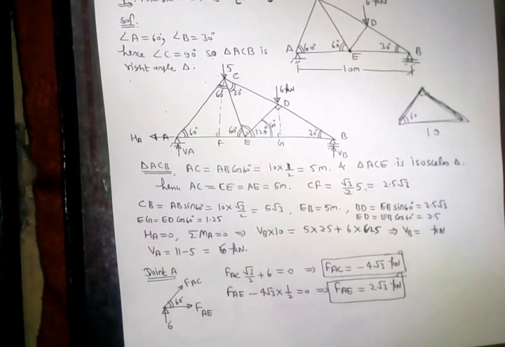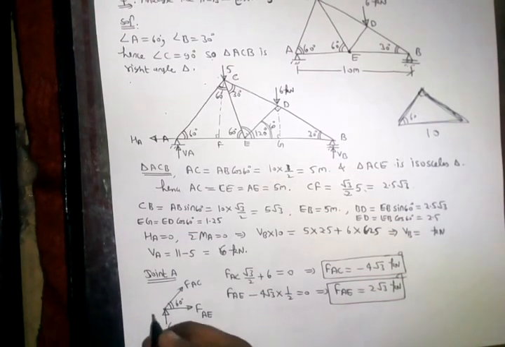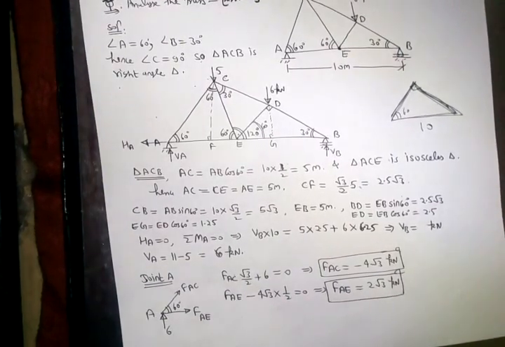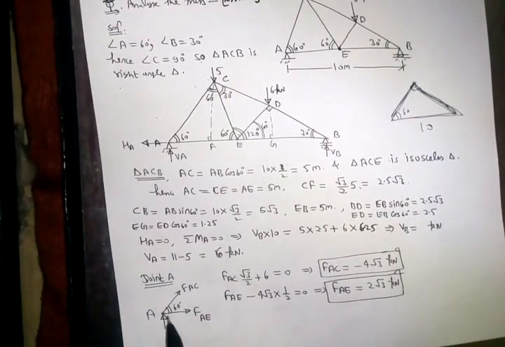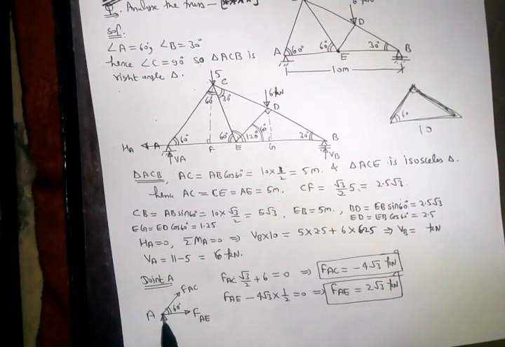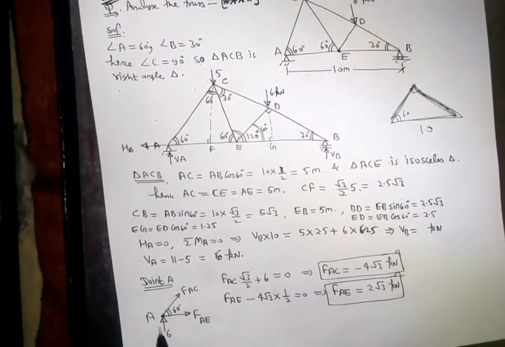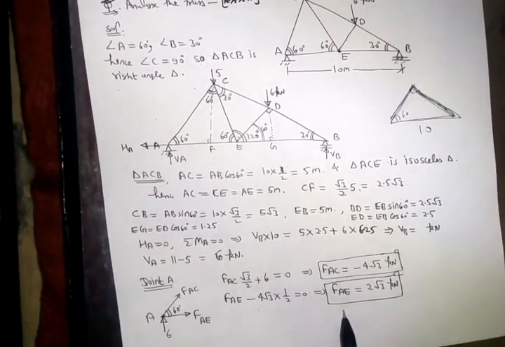Now we can start from any joint. This is joint A, right? So now we can proceed further. At joint A we can write down equilibrium. Force in this direction equals this direction, up equals down, we can find out, right?